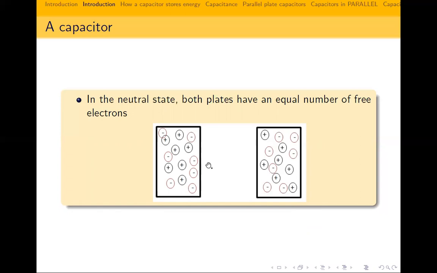Remember, we have said that a capacitor is composed of two plates with a dielectric in between. The dielectric, let me emphasize a bit, that is the material between the plates, can be made of any type of material. It can be air, it can be paper, it can be ceramic, or any other material.